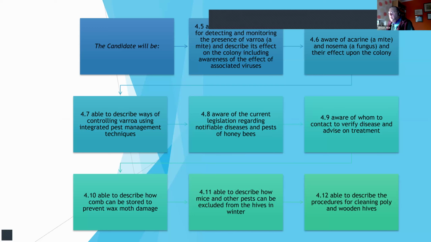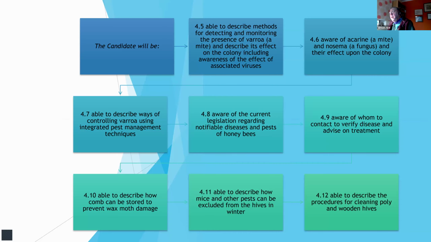But also, are you aware of who to contact to just check if you're worried about your colonies, and also in terms of legislation regarding notifiable diseases and pests, okay, and reportable. So Varroa is reportable.